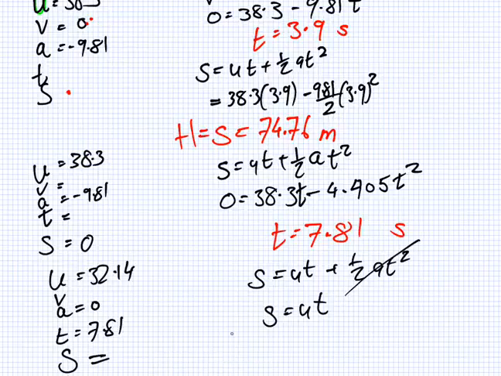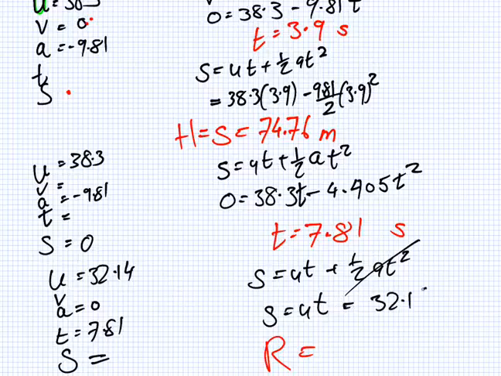So now you want to look at the horizontal. U is 32.14, V we don't know, A is 0, T we do know now, T is 7.81, and S is what we want. So you have S equals UT plus a half AT squared. The A is 0, so you have S equals UT.